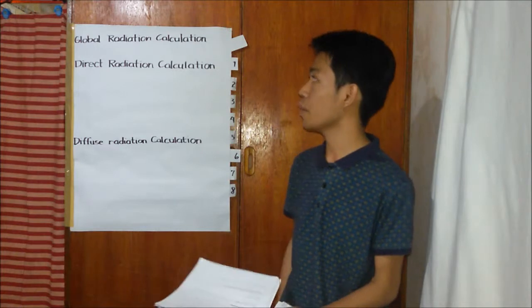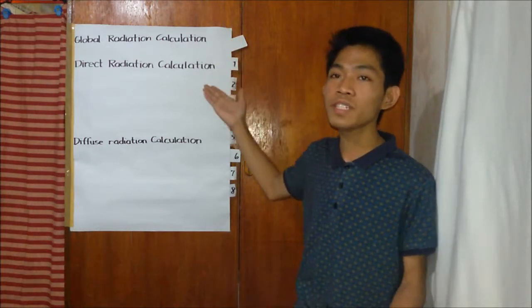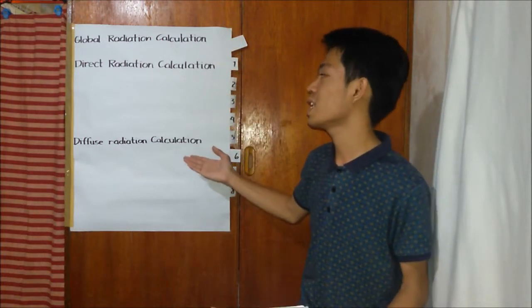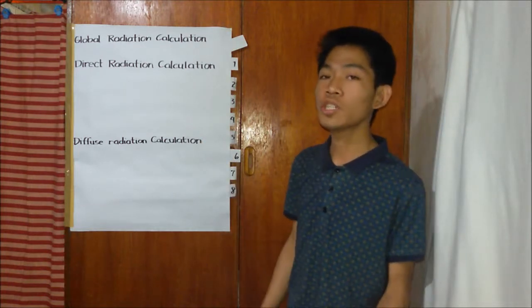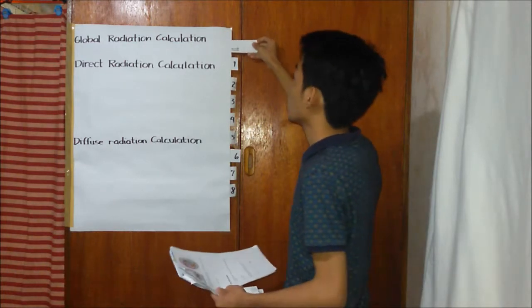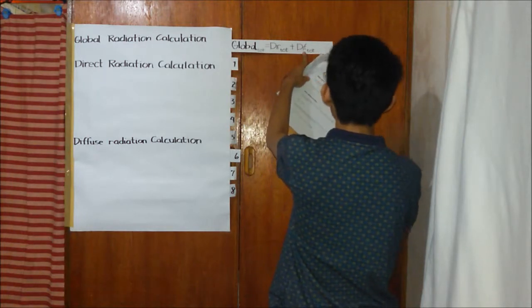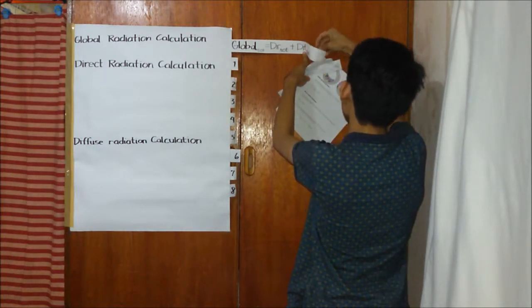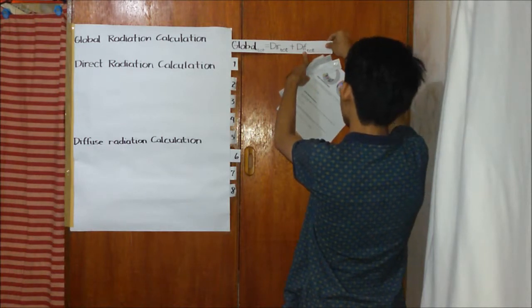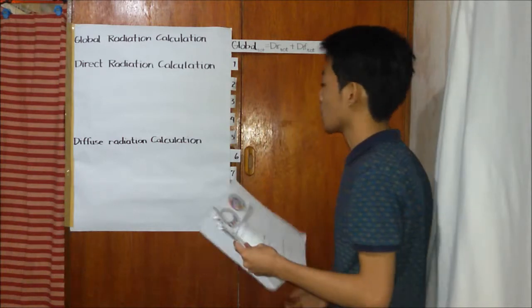Now, there are three ways to calculate the radiation. First is the global radiation, the second is the direct radiation, and the third is the diffuse radiation calculation. First is the global radiation calculation. Global radiation is calculated as the sum of the direct and diffuse radiation of all sun map and sky map sectors respectively.